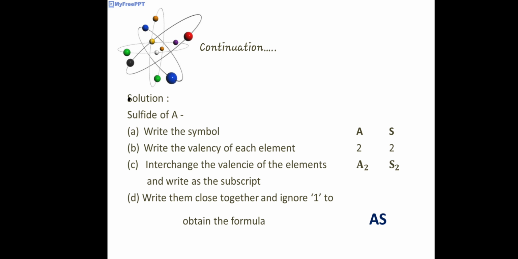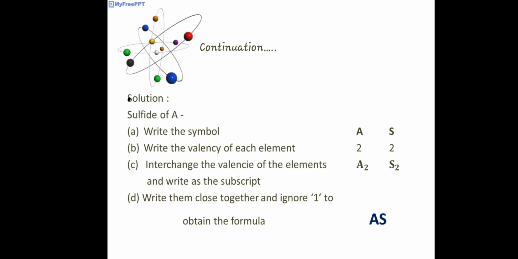So for the continuation, this is another example. We have sulfide. Write the simple sulfide of A. Write the symbol, which is A and S. So write the valency of each element. 2, 2, interchange. Paulit-ulit lang din. So ignore the number 1.